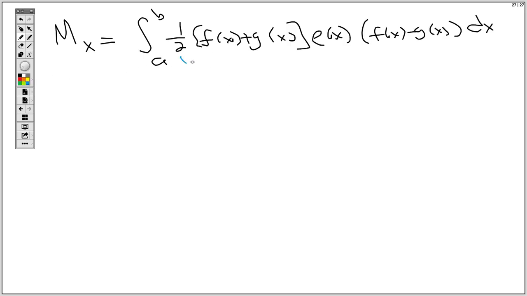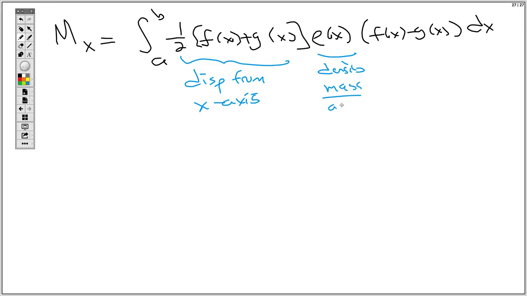So once again, this is your displacement from the x-axis. That's your density, which is, once again, mass per area, and that's your area.